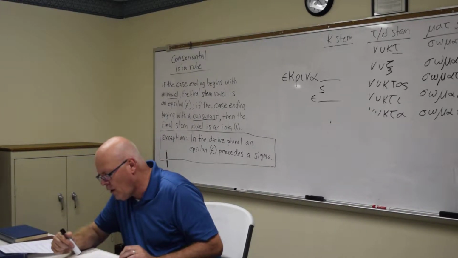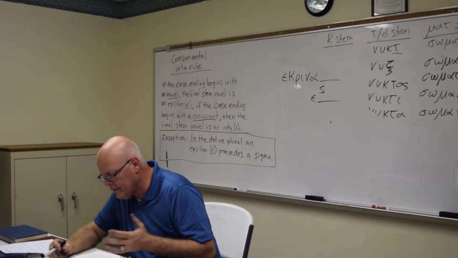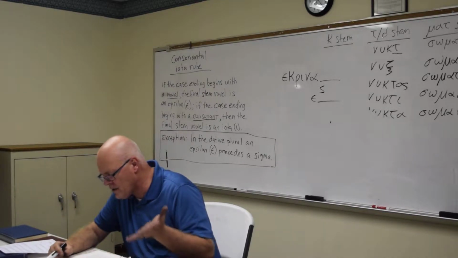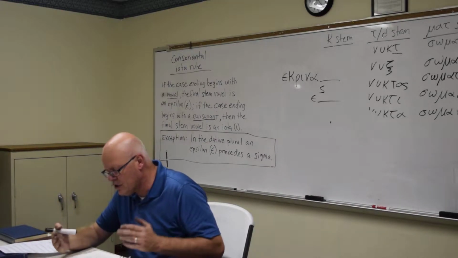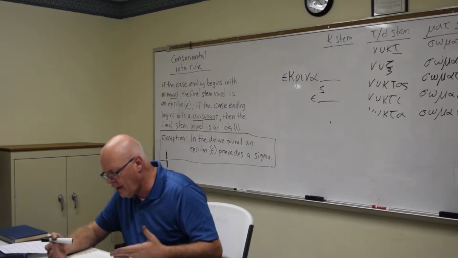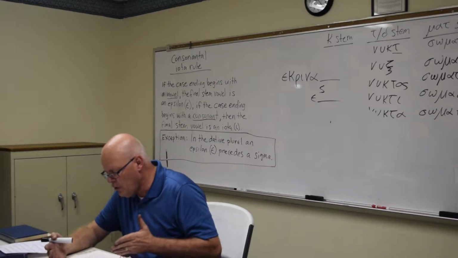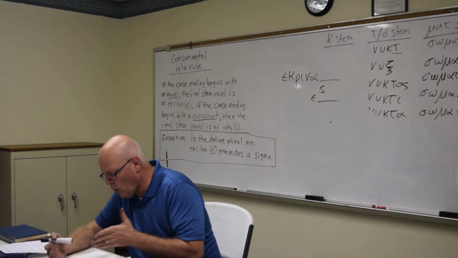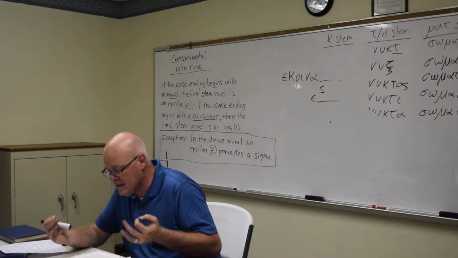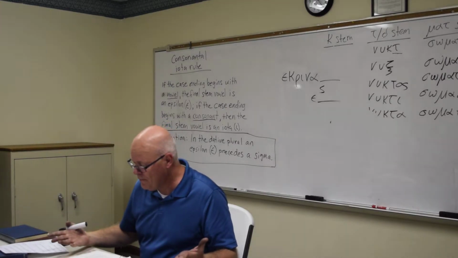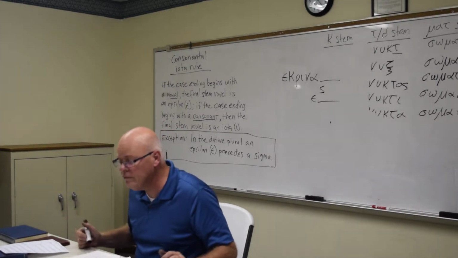In all three of those cases, it means one: one in the masculine, one in the feminine, or one in the neuter. And it's translated no one, nothing, or none. So if you have oudeis or oudemia or ouden, that means no one or nothing or none or no.